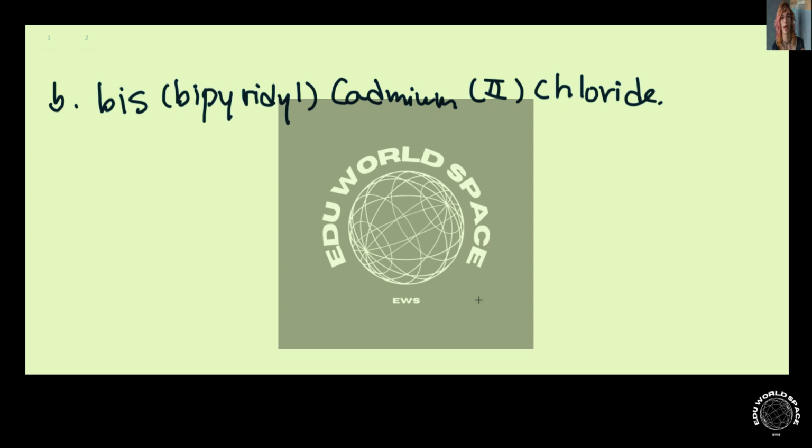Alright, so for this complex, we have the central metal atom cadmium right here, and it has an oxidation state of 2. And bipyridine is a neutral ligand, and bis means 2. So there are 2 ligands of bipyridyl, and chloride is Cl-.